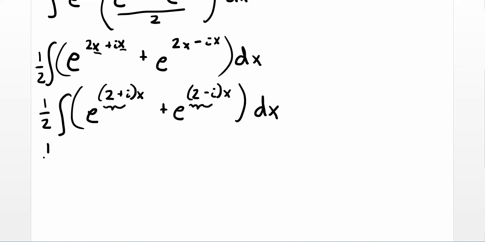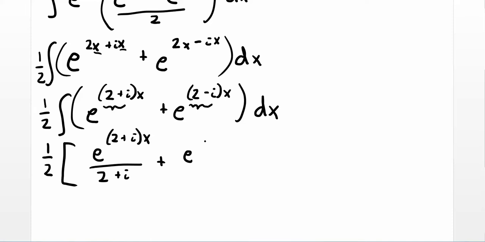So when we integrate, same shortcut, for an exponential the antiderivative is itself, e to the 2 plus i x, and you're going to divide by 2 plus i, because that's a constant. And same thing here, e to the 2 minus i x divided by 2 minus i.